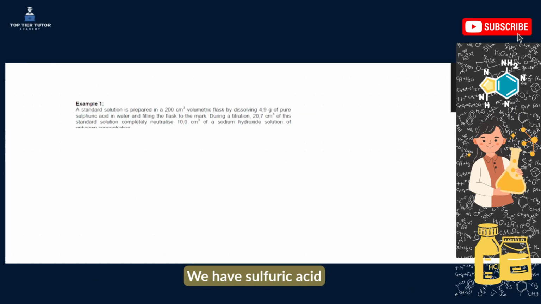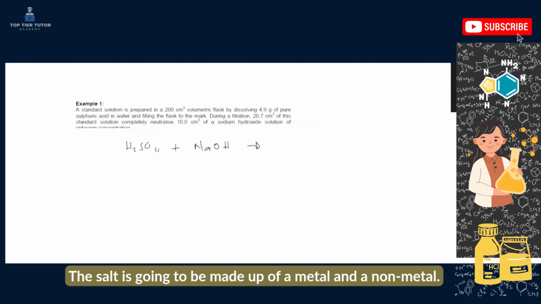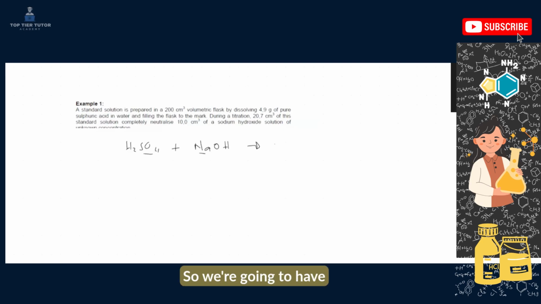We have sulfuric acid reacting with sodium hydroxide, which will form a salt. The salt is going to be made up of a metal and a non-metal. So we're going to have sodium sulfate and also water. Let's balance the equation.